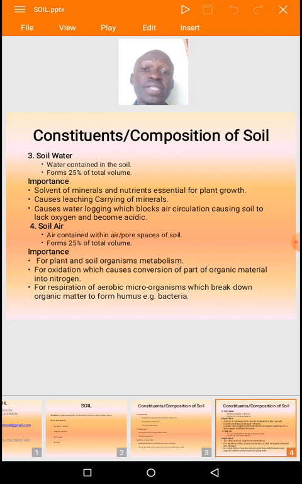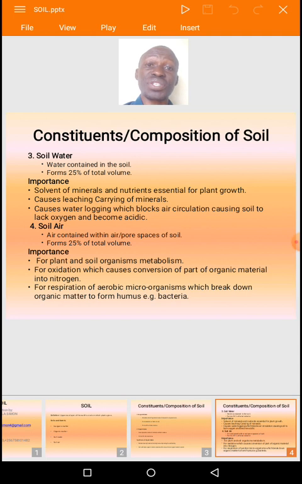For plants and soil organisms, metabolism is the process of these organisms carrying on with their life activities. They need air, like we also need air for breathing in, or for oxygen to carry on with our body activities. Even these organisms in the soils need this air for their living.